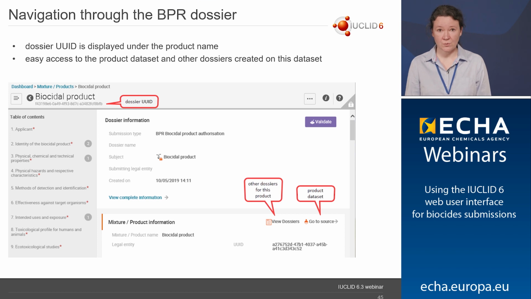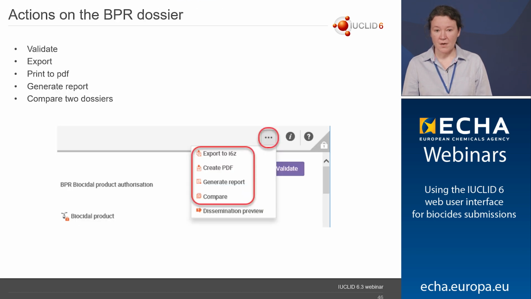You will see the dossier UID just under the product name, and you can also view all dossiers that have been created based on the same dataset, and you can go to the product dataset when you use the option go to source.